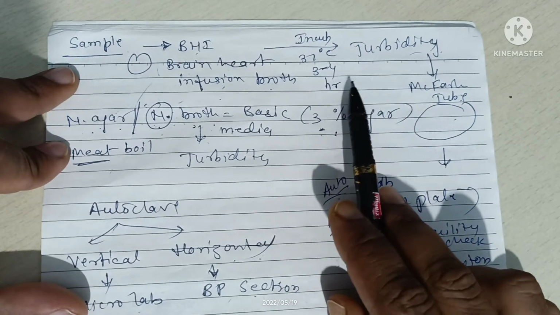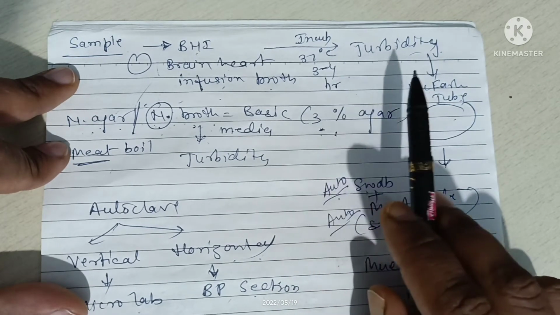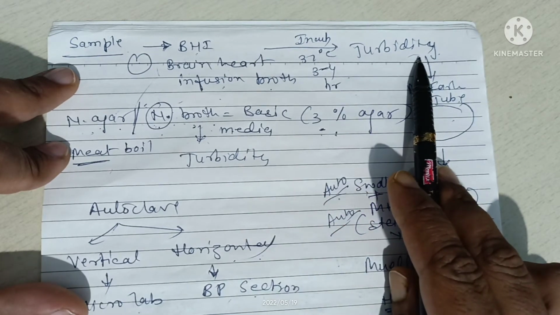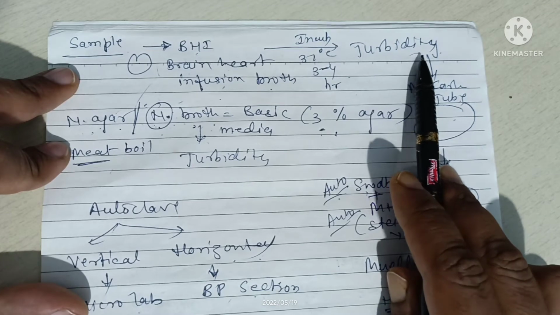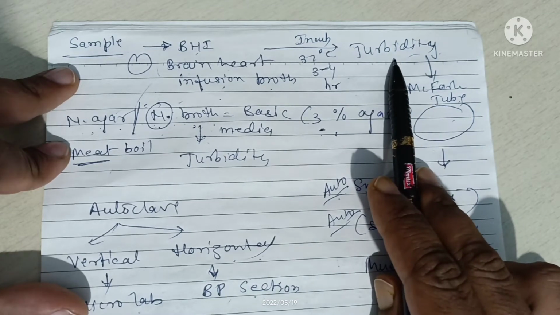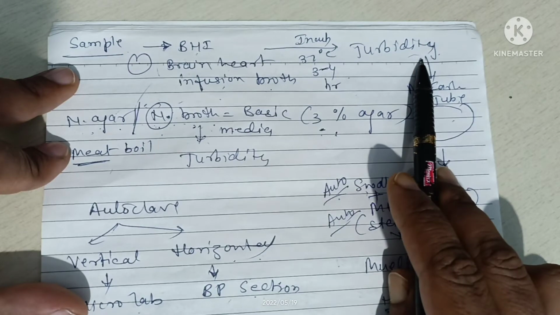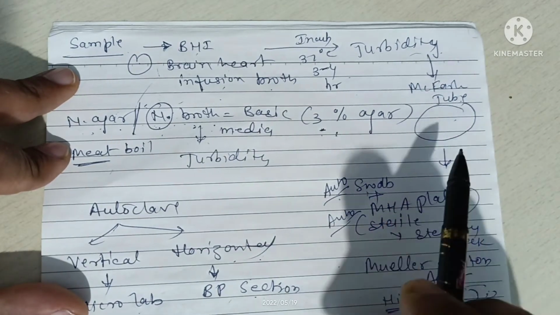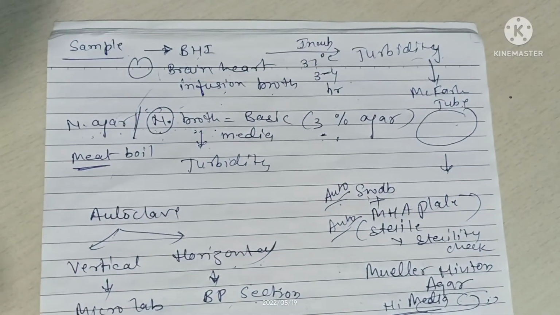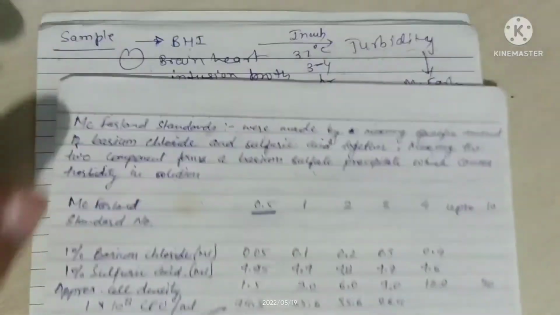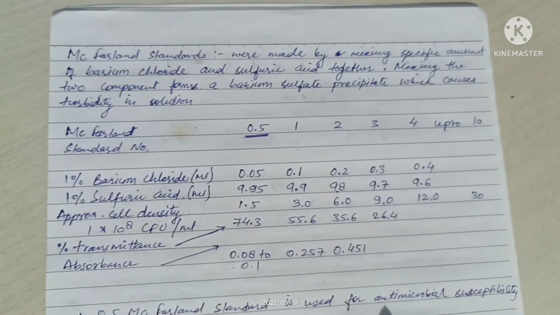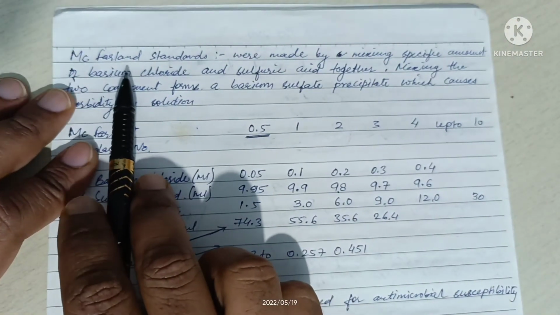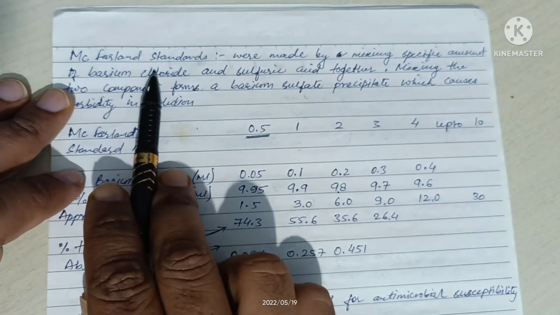After incubation of 3 to 4 hours, turbidity can be seen in the broth. The turbidity is to be standardized by using the McFarland tube. There is a McFarland standard, and you can search on the internet for what the McFarland standard is.